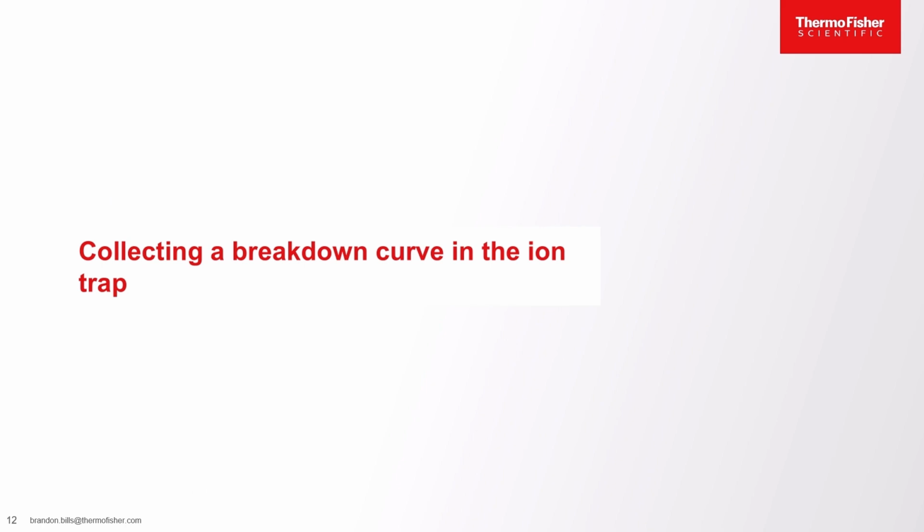Now, in our final section, we're going to be talking about breakdown curve data. This is the idea that we can collect individual collision energy data and compare that against stepped and find some information that isn't captured when you're just doing an average amount of collision energy.